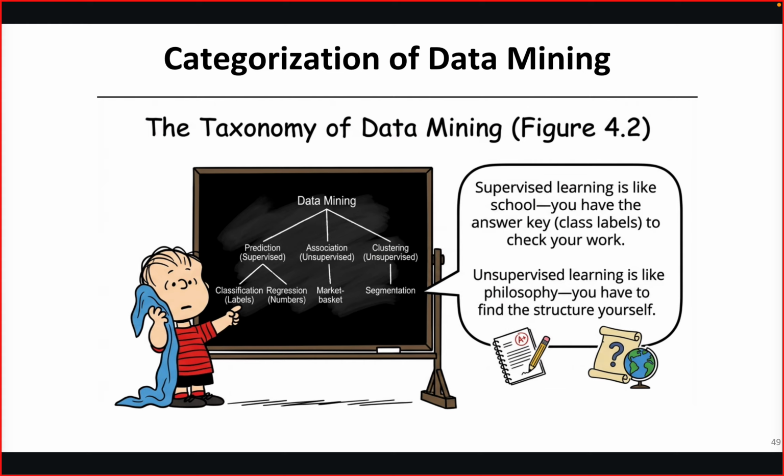Female also is a class. Smoke is a class. Non-smoke is another class. It's not a number, but it's a class. So predict two types: predict number, regression. Predict labels, classification. Okay, got it? So it's all about predict.